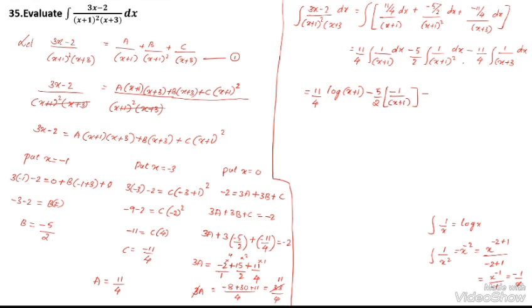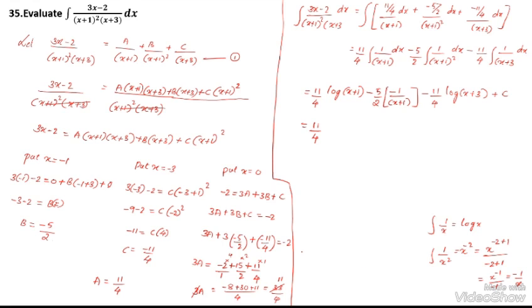Okay. Minus 11 by 4. What is the integration of 1 by x plus 3? It is log of x plus 3 plus some constant value c. That is equals to, here there is a log of, there is 11 by 4. Here minus 11, I can take 11 by 4 as common.